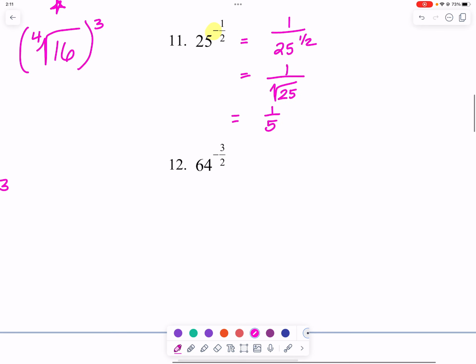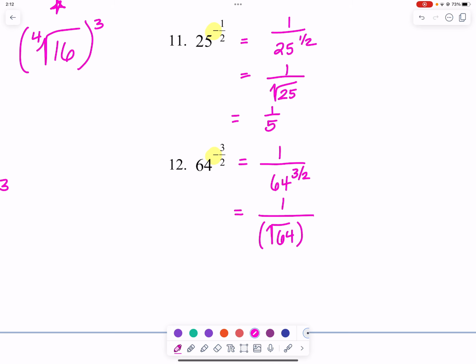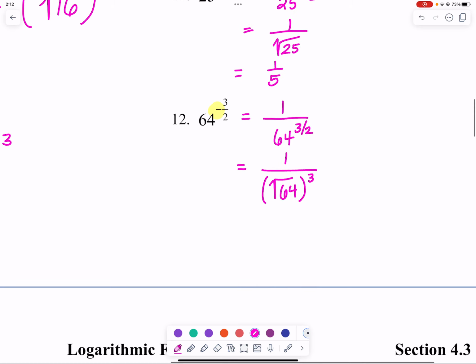Looking at number 12, 1 over 64 to the 3/2 power. That's again because we have that negative. We have the square root of 64, and once we find that, we're going to cube it. And the square root of 64 is 8, and 8 cubed is 512.